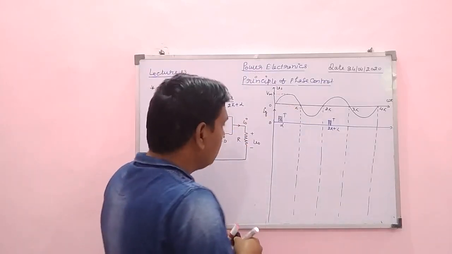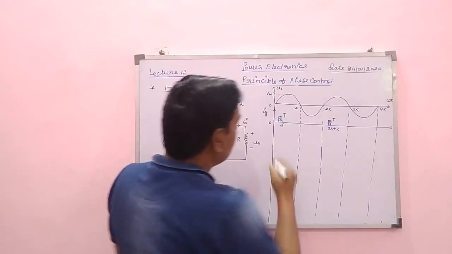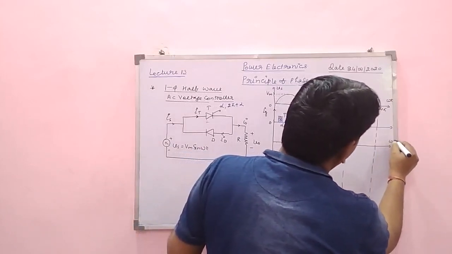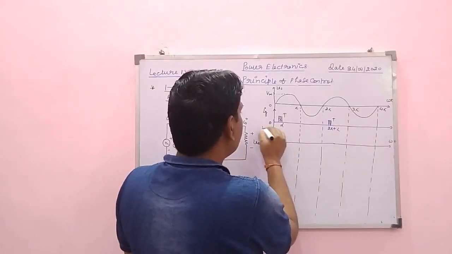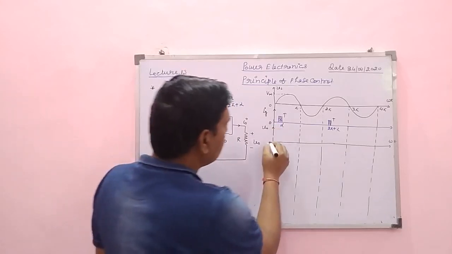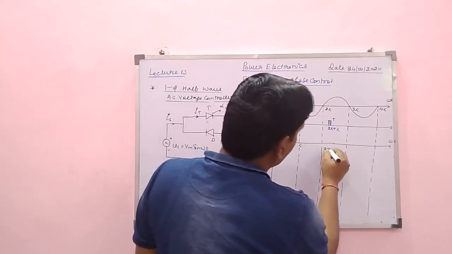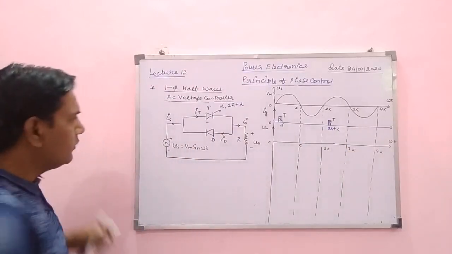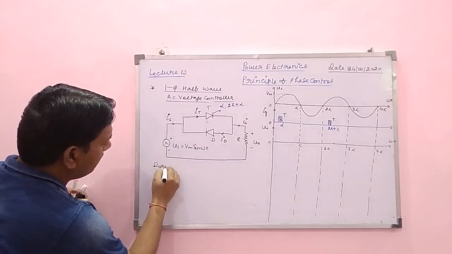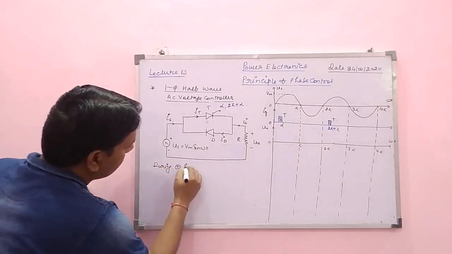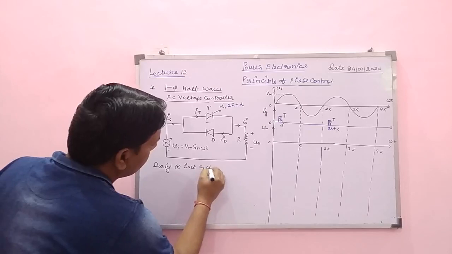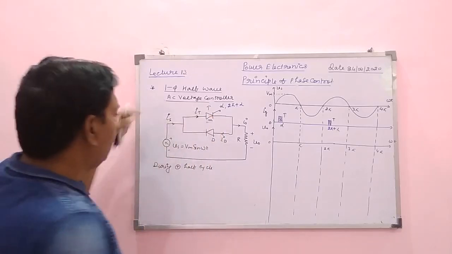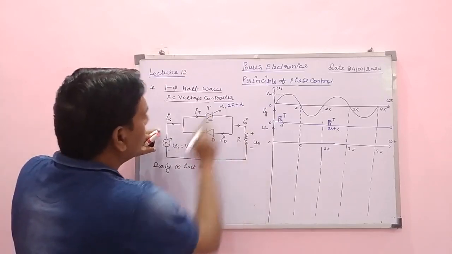Next we have to draw the output voltage. This is omega t and this is V naught. This is 0, this is pi, this is 2 pi, this is 3 pi, and this is 4 pi. See here, during the positive half cycle, you can see that the anode of the thyristor is connected to the positive supply and the cathode is connected to the negative supply.